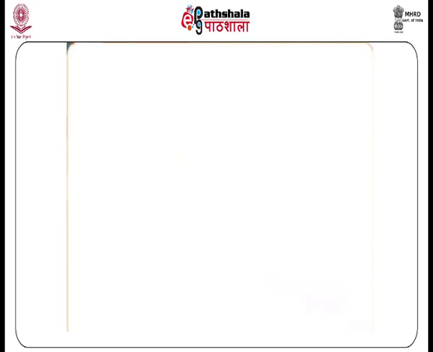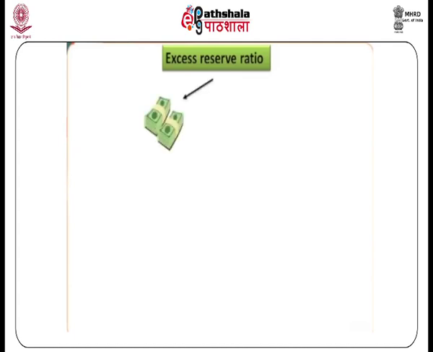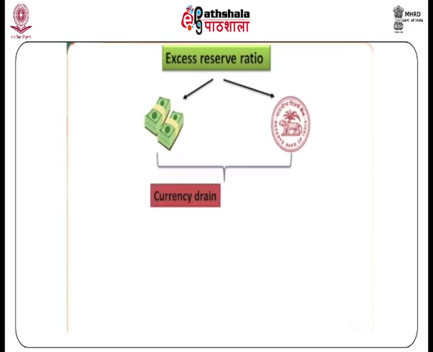The residual reserves or excess reserve ratio ER upon D are held either as cash in hand or as balances with the RBI. It is these reserves which the banks as a whole use to meet their currency drains as well as clearing drains.